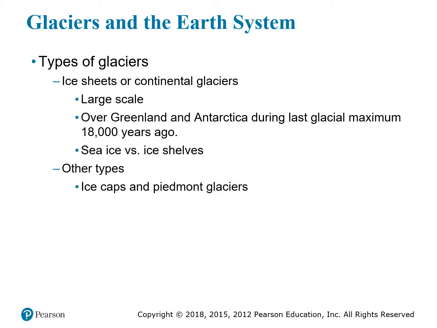The next type of glacier are ice sheets, and ice sheets are different because they are absolutely massive. They're also referred to as continental glaciers because this ice covers entire continents. I don't know if you're aware, but Antarctica in the southern pole is a continent. It's huge. I'm sure you're aware it's a continent, but you might not know how big it is.